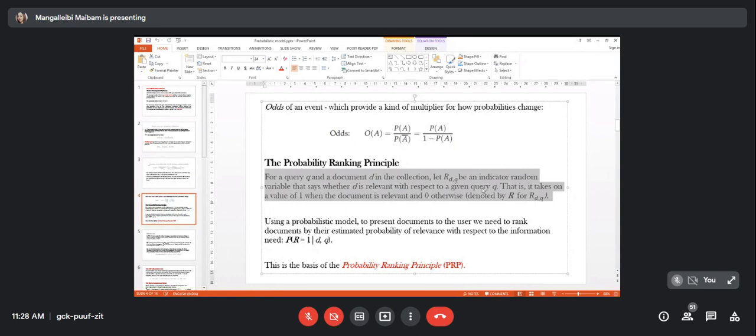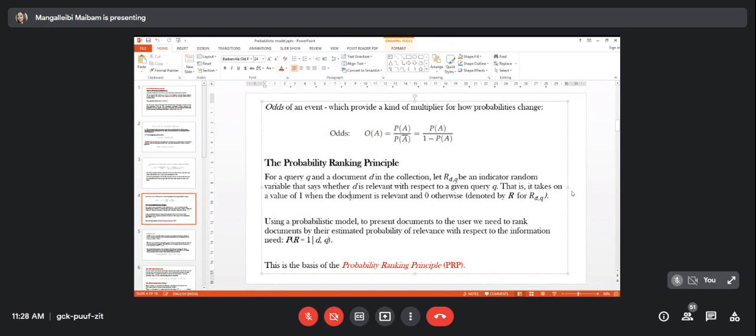We are going to check whether the document D is relevant with respect to the query or not relevant. If D is relevant, we put 1, and if the document D is not relevant to the query, we represent it by 0. That is what the statement says here.